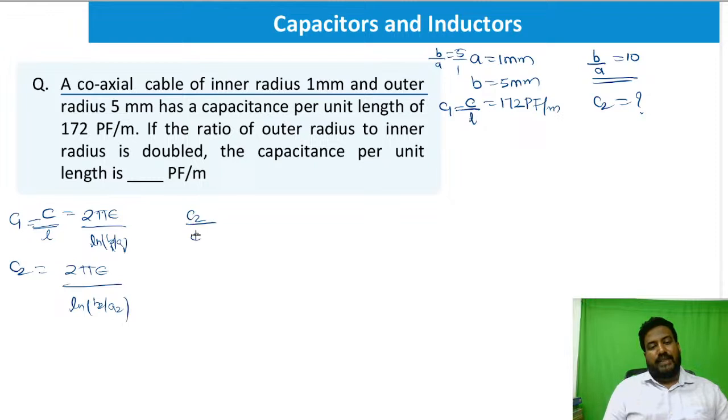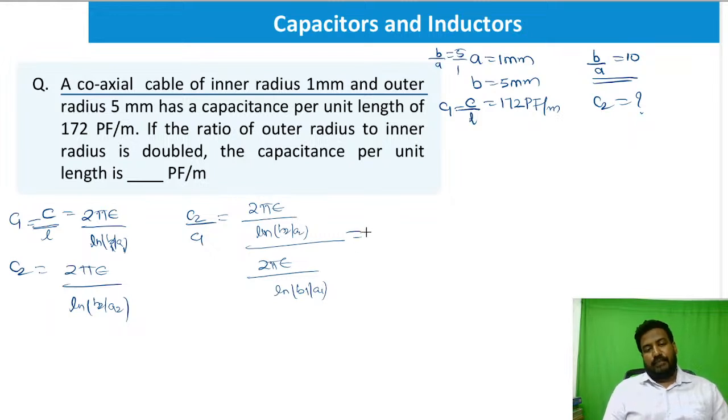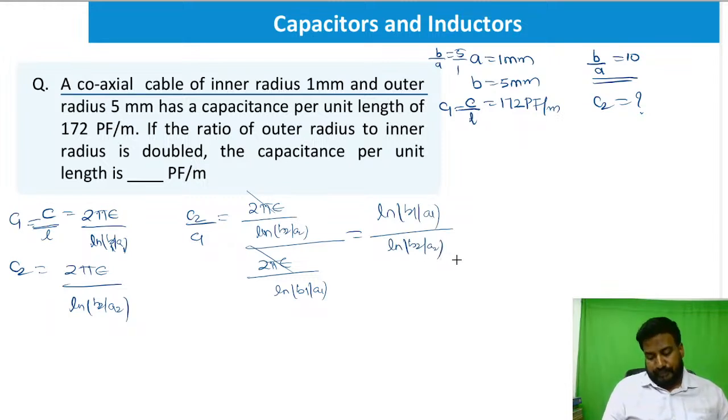From this, C2 by C1 is 2 pi epsilon by ln of B2 by A2, divided by 2 pi epsilon by ln of B1 by A1. 2 pi epsilon and 2 pi epsilon get cancelled, giving ln of B1 by A1 by ln of B2 by A2.